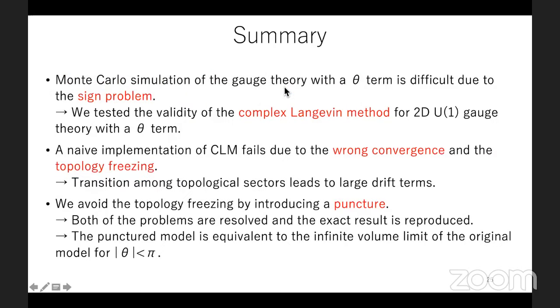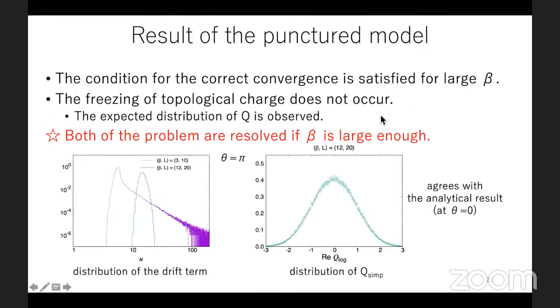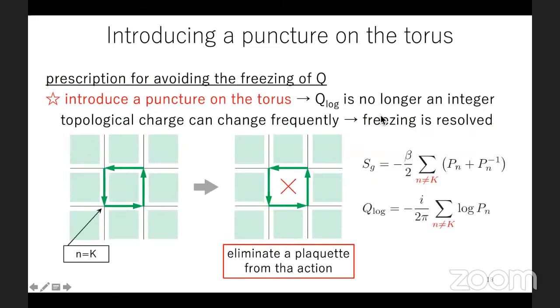Freezing of configurations in a specific topological sector is a usual problem that happens in many well-known systems, and usually people apply appropriate gauge cooling techniques. Have you considered such methods, or are they bound to fail for some reason? You mean gauge cooling?